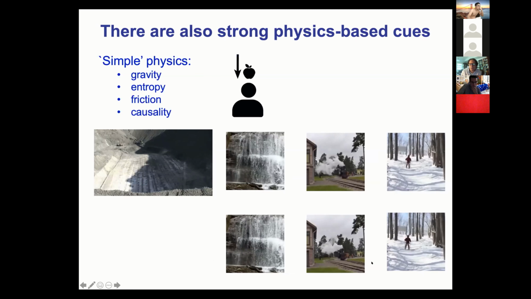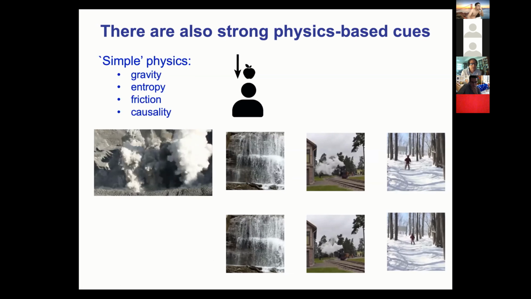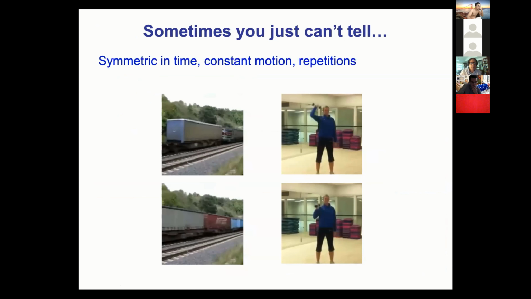Here's a skier, and again, a skier going backwards. This one's quite unusual, but again, you can tell the arrow of time. And smoke billows in a characteristic way forwards as opposed to backwards. Sometimes, we should point out, you just can't tell if something's going forward or backwards. So what do you think on this? Forwards or backwards?